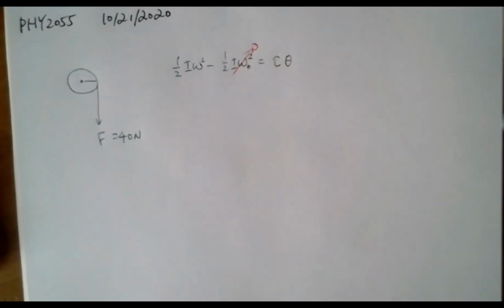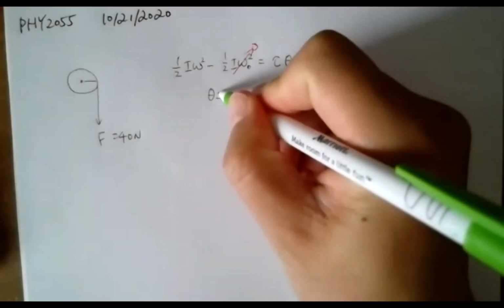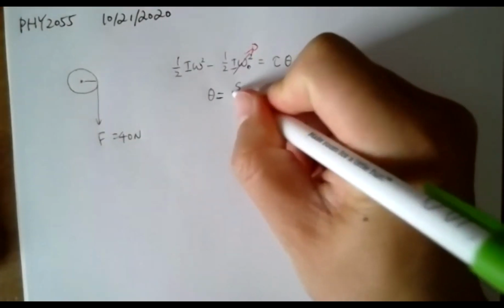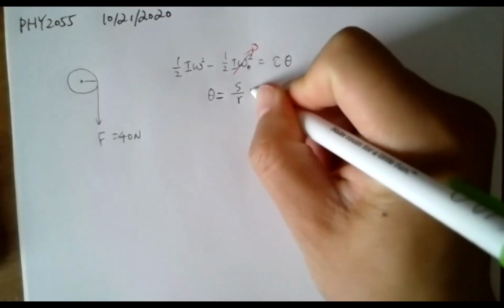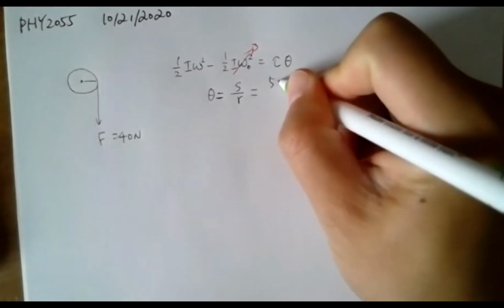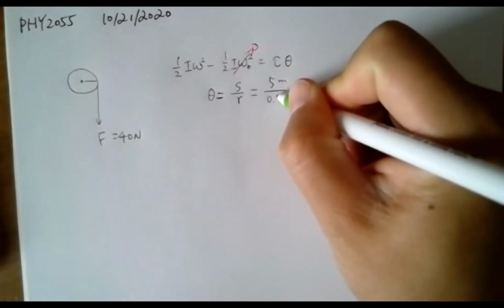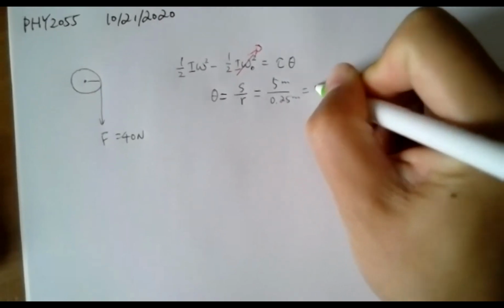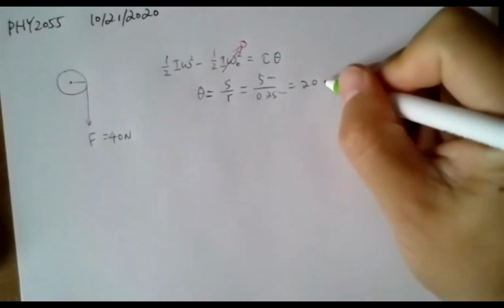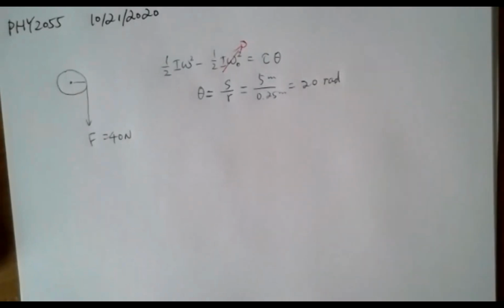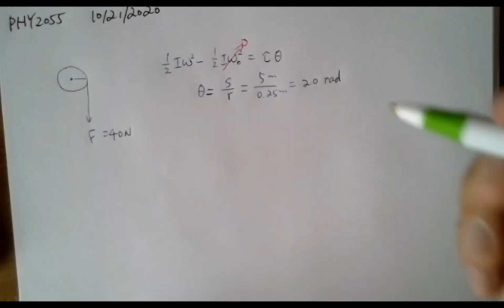Now the theta can be related to the 5 meters: s divided by r. So it will be 5 meters divided by 0.25 meters, that would be 20. That's in radians. If it's dimensionless, that means it's in radians.